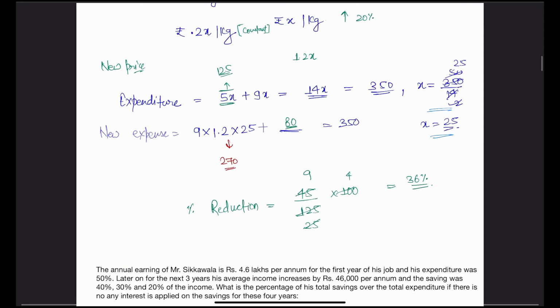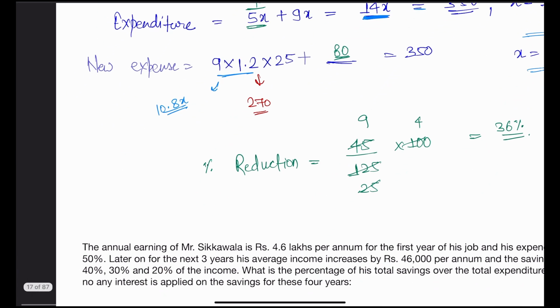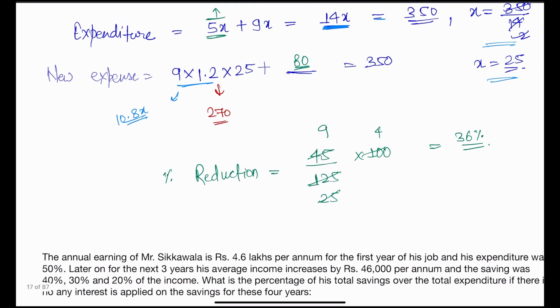So here I don't need to even, I think if I try to find out in a different way, I don't need to find 25 also, because after multiplying this I will get 10.8x, and the 14x was our limit. 14x is nothing but 350. So how much will be the consumption? Consumption will be 3.2x, right? Yeah, 3.2x is the consumption, and then previously it was 5x.